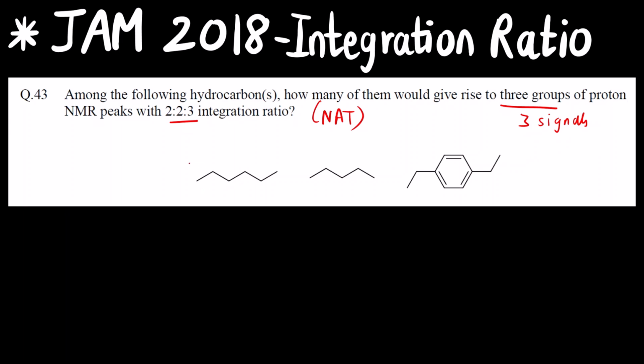So here, let's say this first molecule is 1, this is 2, and this is 3. In the first molecule, is there any plane of symmetry? The answer is yes.